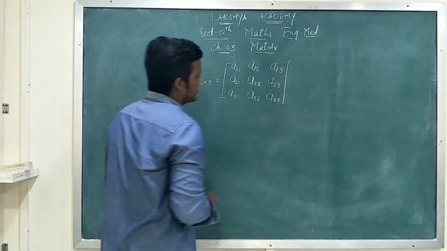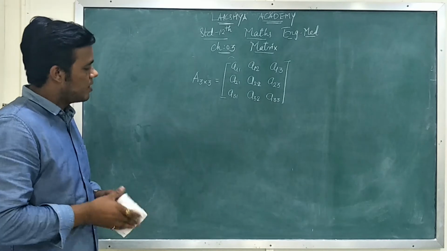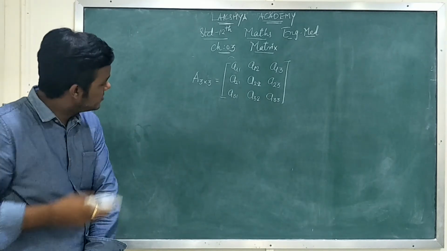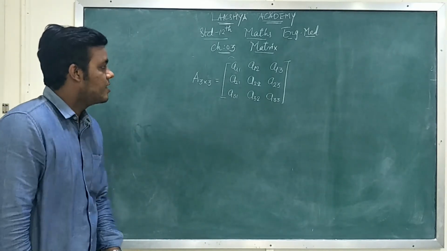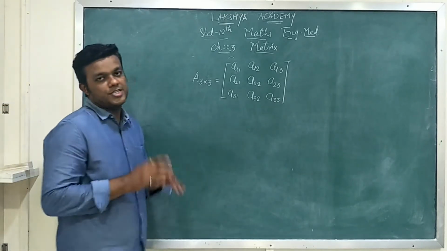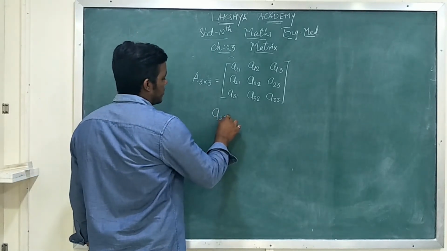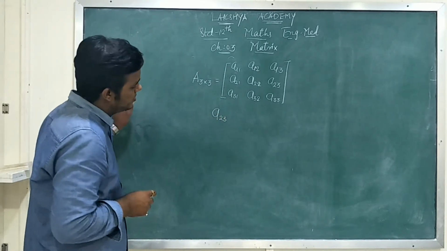So this is the matrix in general form, right? Now, if I tell you the denotation directly, you can tell which member I am talking about. If I tell you a23, what will you understand?